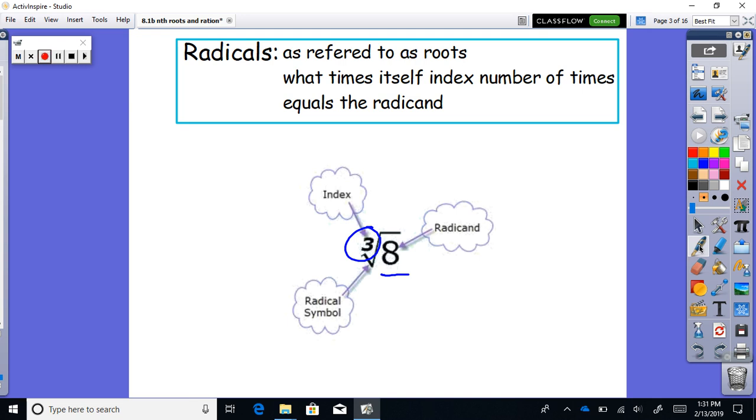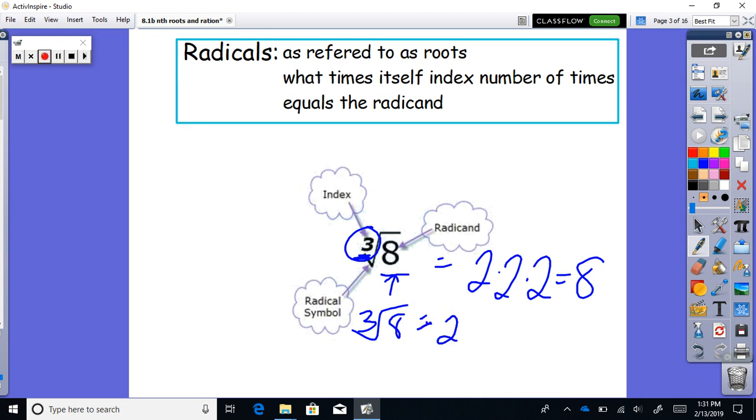So what times itself 3 times equals 8, which is what we're looking for? 2 times 2 times 2 equals 8. So the cubed root of 8 equals 2. That's basically another way of thinking of the definition here. But the index is a small one, the radicand is what's under it.